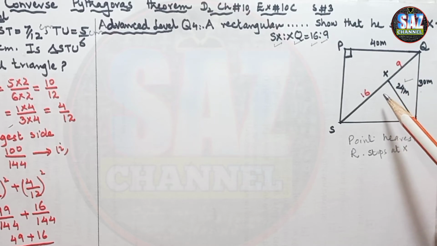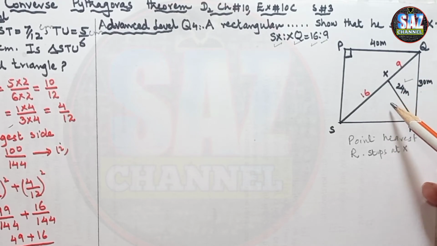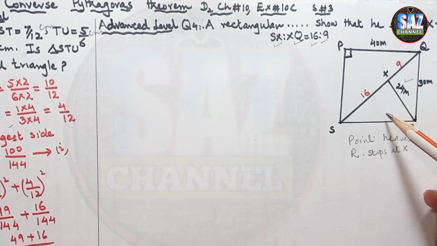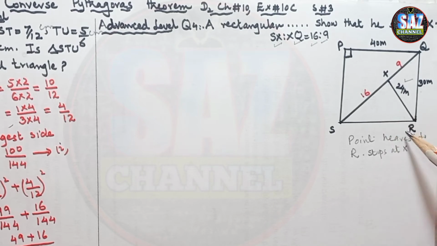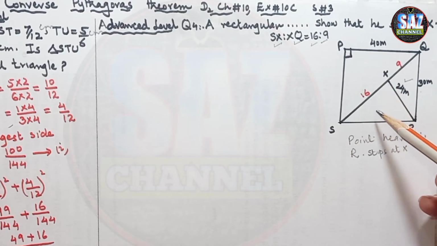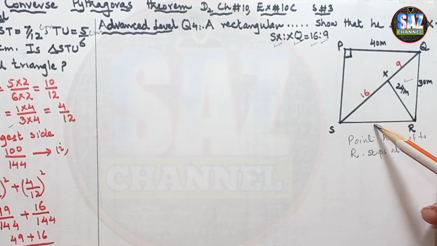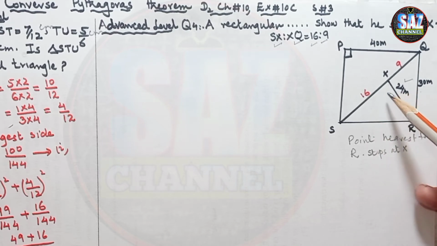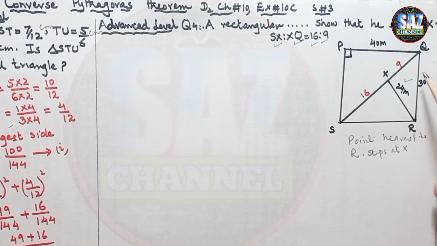Now recall my previous lesson on how to show that triangles are right angled, for which we take help from the converse of the Pythagoras theorem. If you find difficulty, you can watch the previous lessons where we discussed it. To show RXS is a right angle triangle, we have to show that the square of the longest side equals the sum of squares of the other two shorter sides, and the same for triangle RXQ.